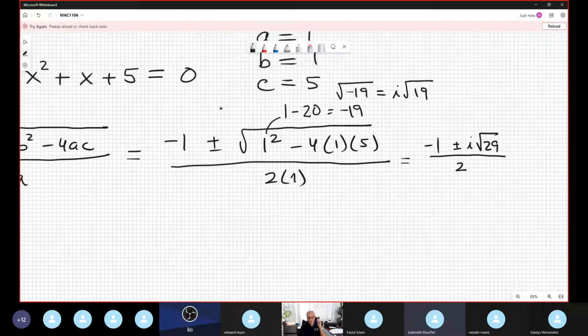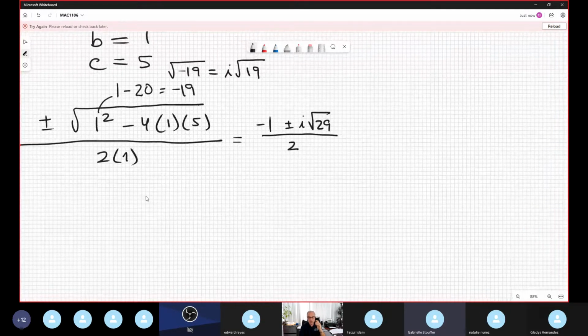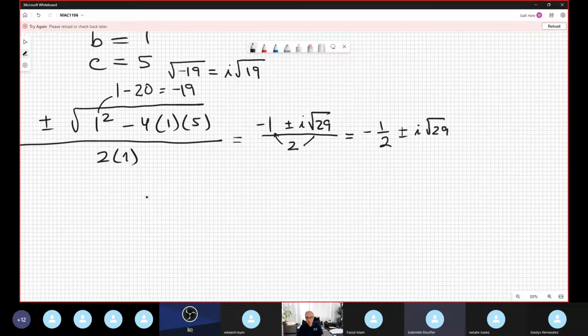That's it. Remember, the answer is a complex number, so you need to write it in standard form. Now you split the common denominator. Negative 1/2 is the real part. Split. Plus or minus i radical 19 divided by 2. Much better, this solution.